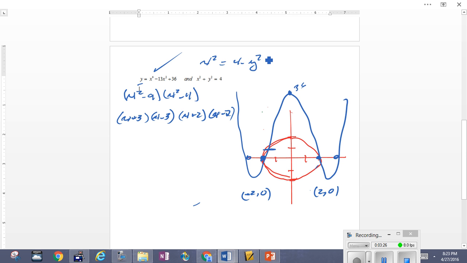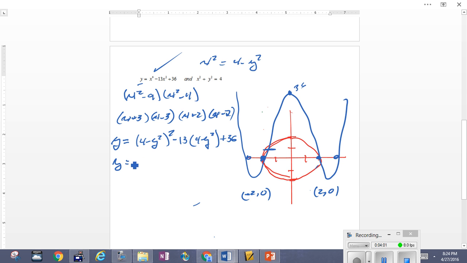Then I'm going to substitute that back into this, which is going to be y equals x to the 4th, okay, which is x squared squared, so it's 4 minus y squared squared, okay, minus 13 times 4 minus y squared, all right, plus 36.